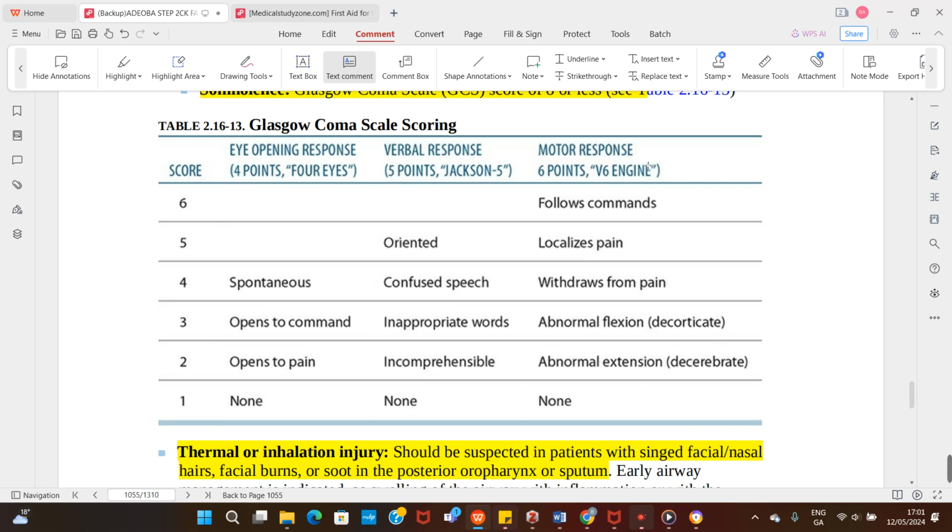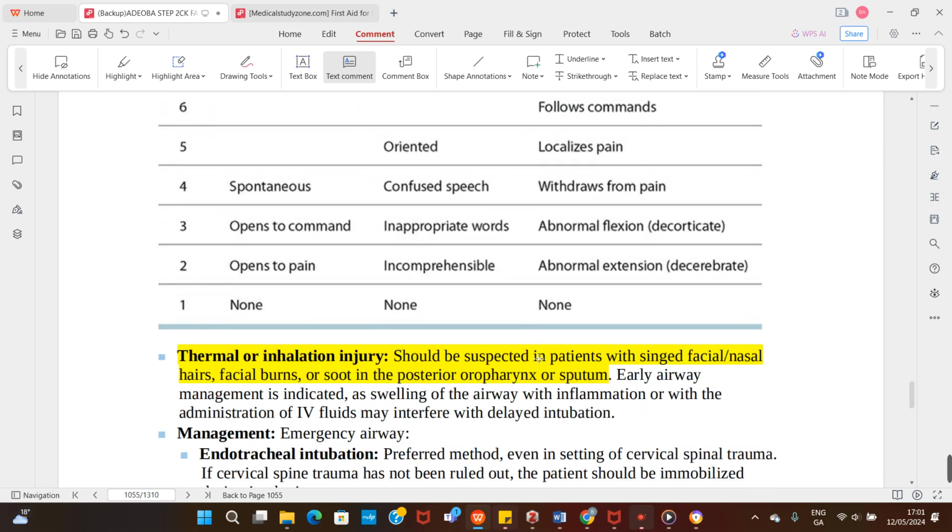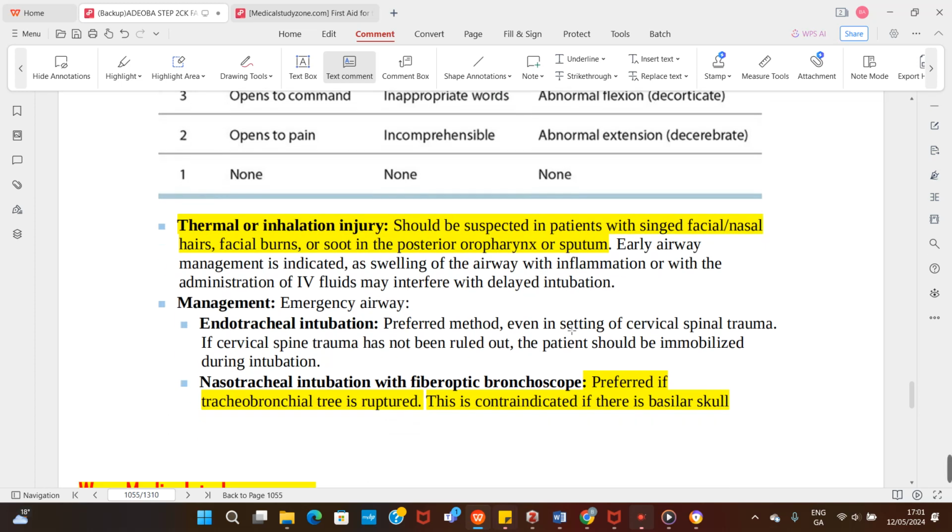If the patient flexes the arms, but the legs are extended, that is decorticate posturing, so that is 3. If the patient extends both the arms and the legs, that is decerebrate posturing, one of the signs of severe brain injury, so you give a score of 2. Then if nothing at all, 1.